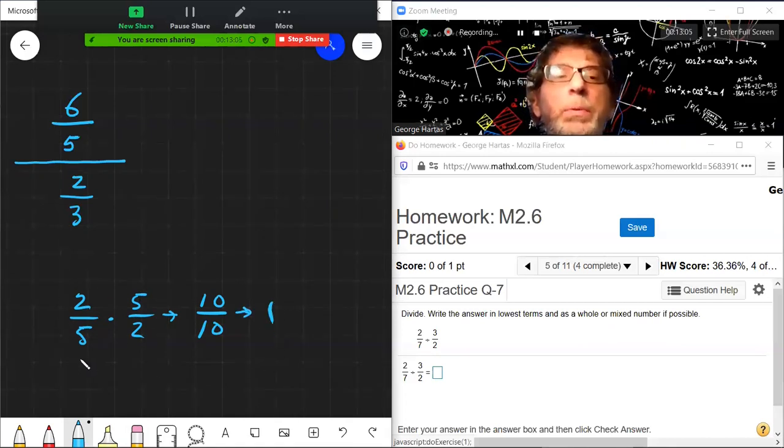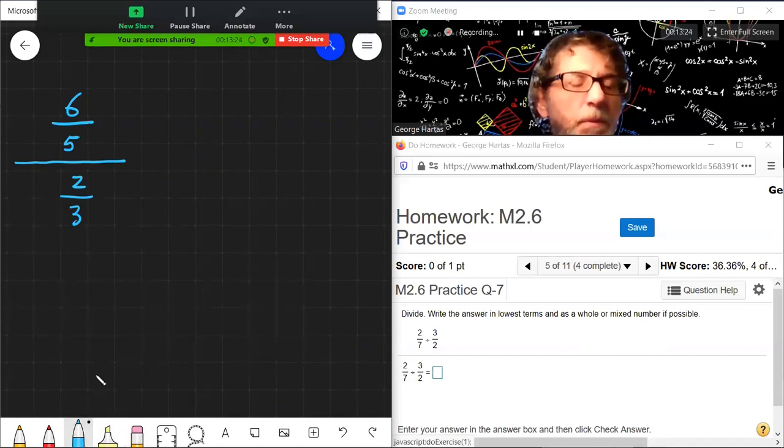Whenever you multiply a number by its reciprocal, the result is 1. So this is how we're going to get the denominator to become 1. We're going to multiply by this reciprocal, all right?